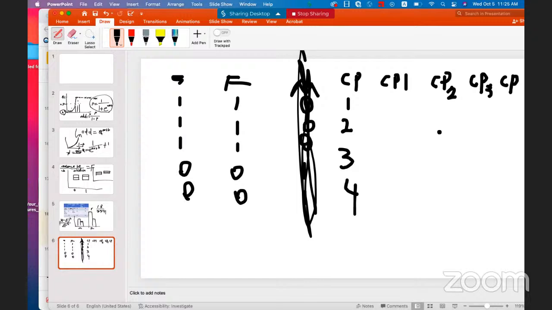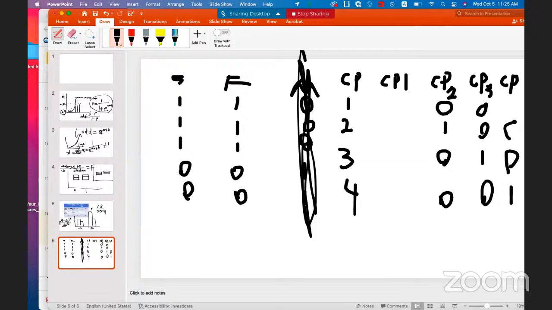So for CP2, this is 0 and this is 1. This is a 2, right? This person belongs to group 2. And this is 0 0, and CP3 is 0 0 1 0, and CP4 is a 1. You can tell each person.